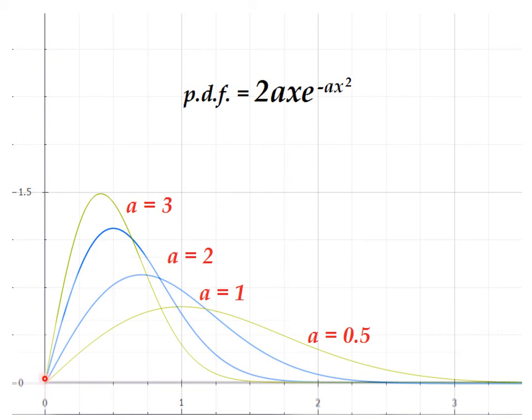As a decreases in value, the hump gets smaller or lower, and so on until we get a equals 0.5. See how the change begins. Very skewed to the right, very interesting looking probability density function. This probability density function does have a name and is illustrated differently in most books.